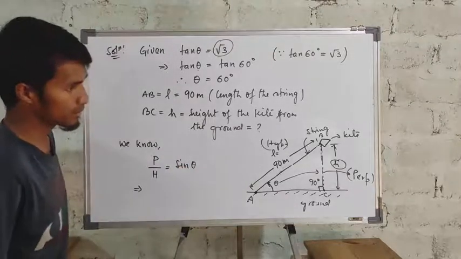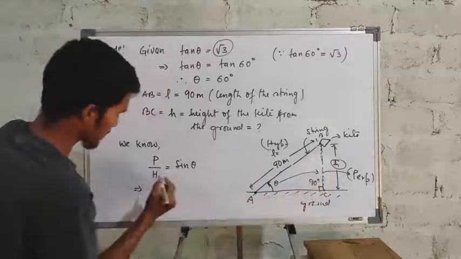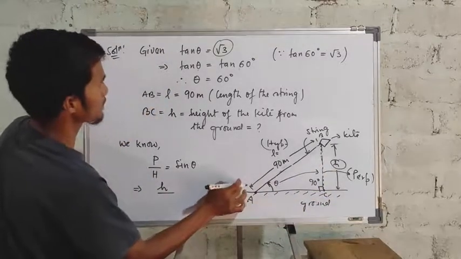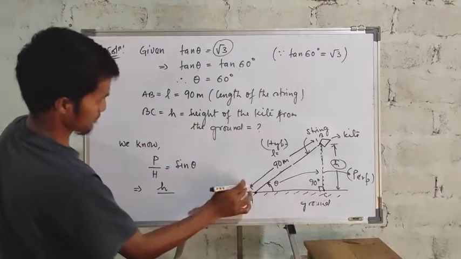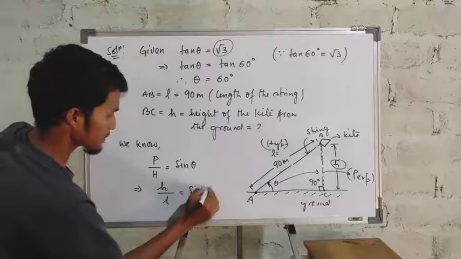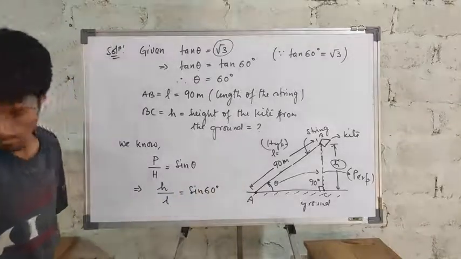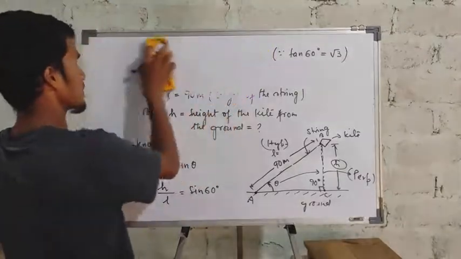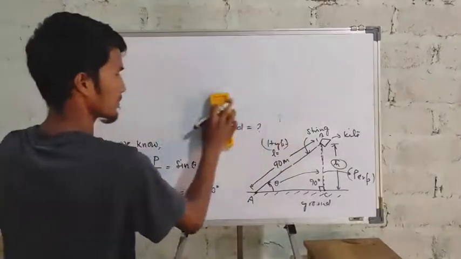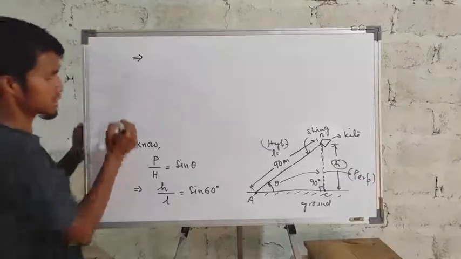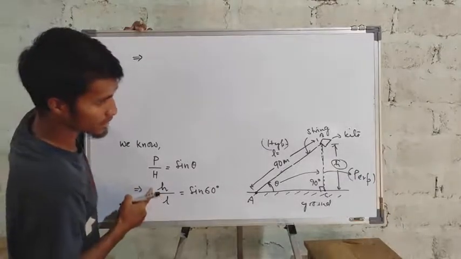Then P here is h, and H here is L. So h is equal to L sine 60 degree. Now only the completion is left.